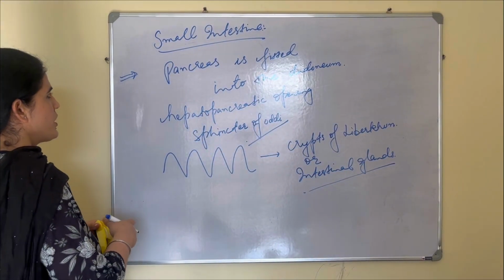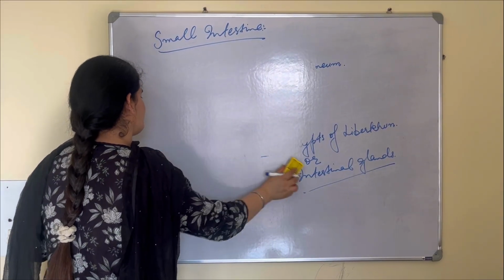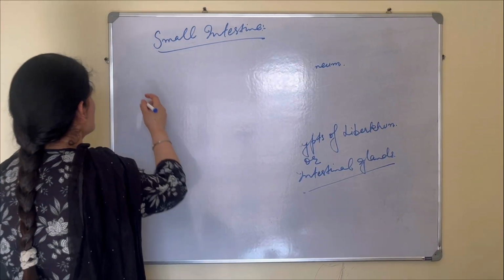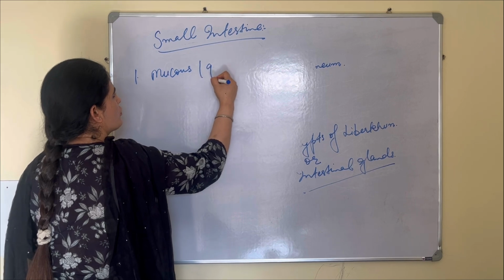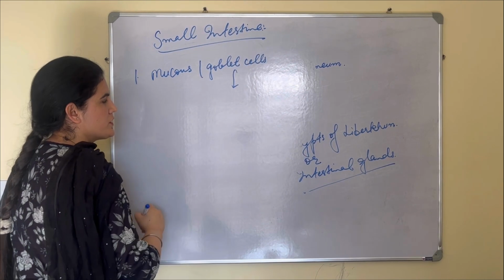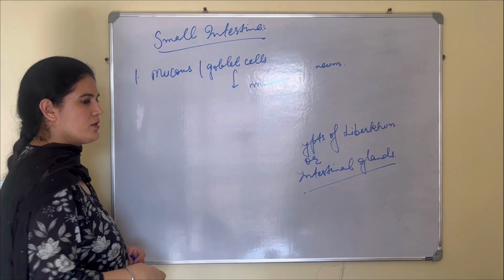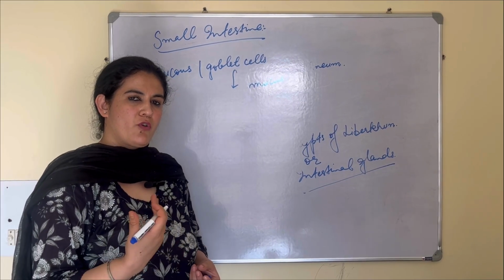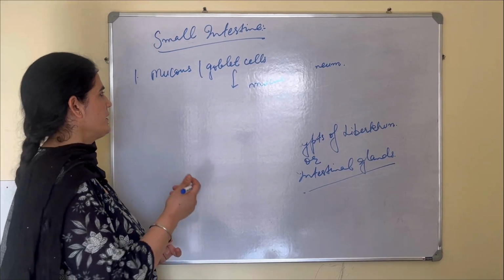So in the small intestine, we have some cells present. We are going to talk about what type of cells are present there. First of all, we have mucus cells, also known as goblet cells, and their function is to secrete mucus. Mucus protects our intestine lining from bacterial infection, from inflammation and all that.